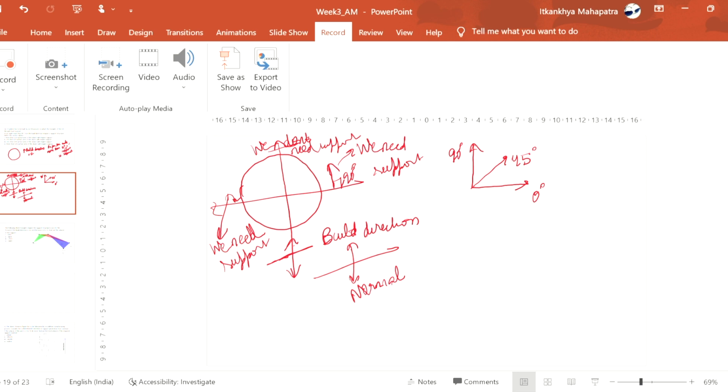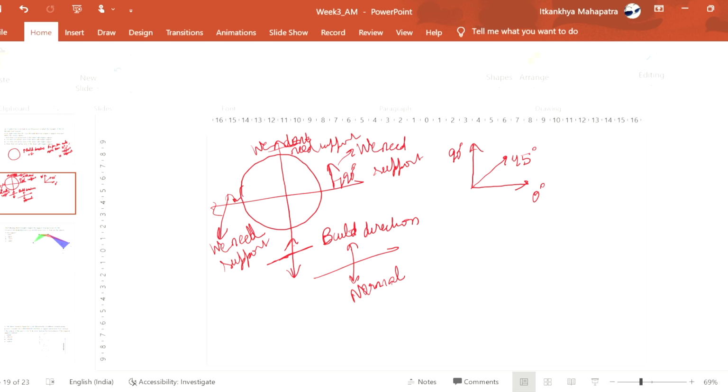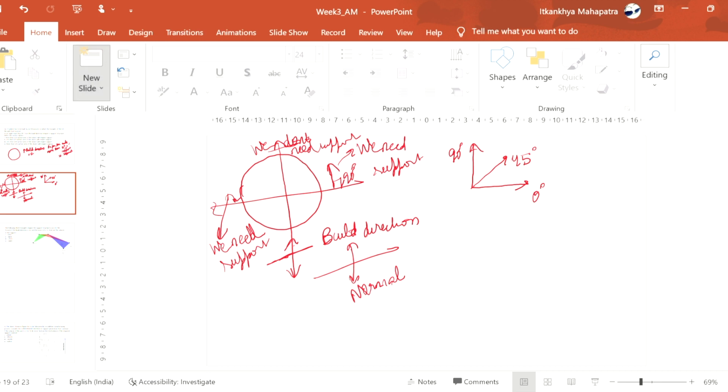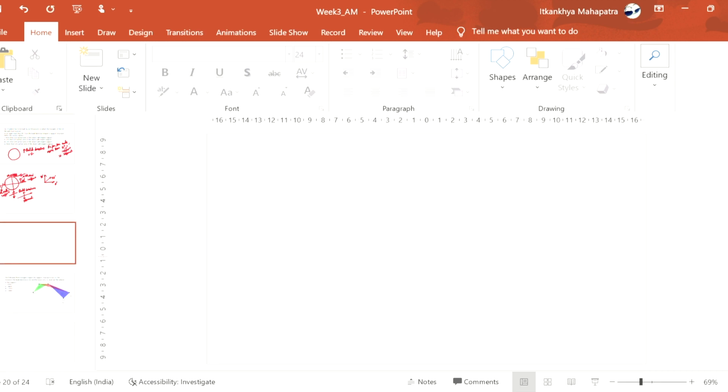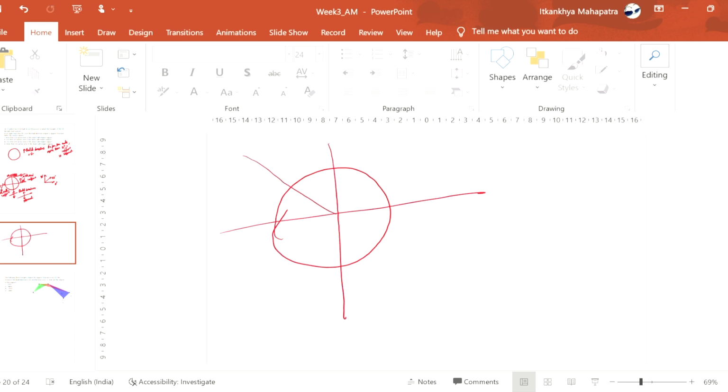Now we'll again divide the sphere into more parts. Consider this the sphere. Earlier we divided into 4 parts, now we'll again divide into 8 parts.